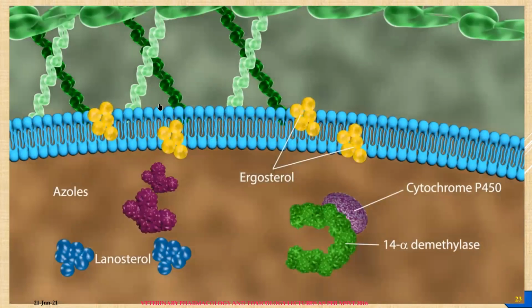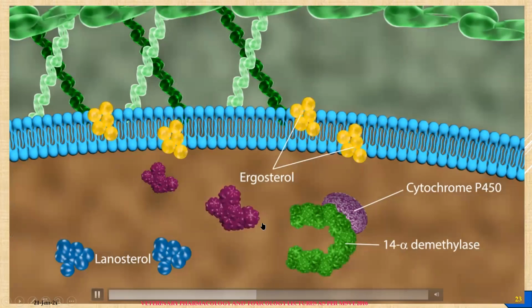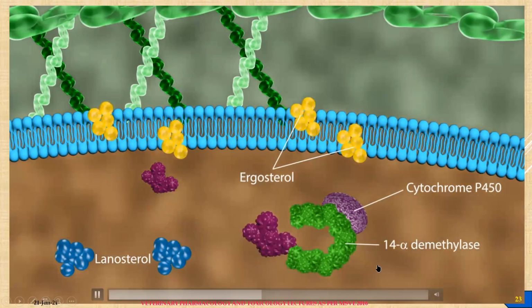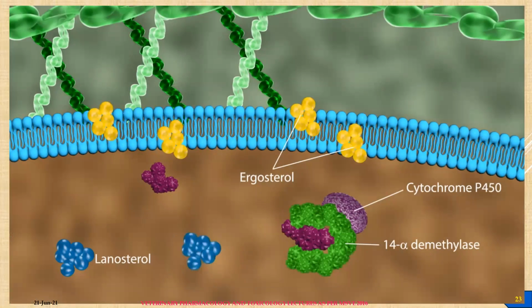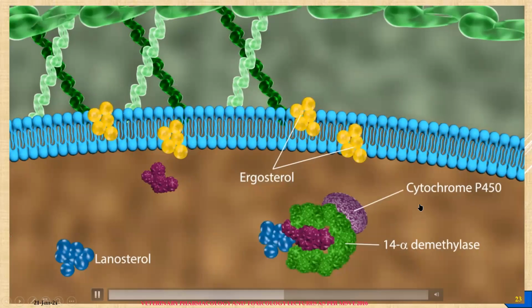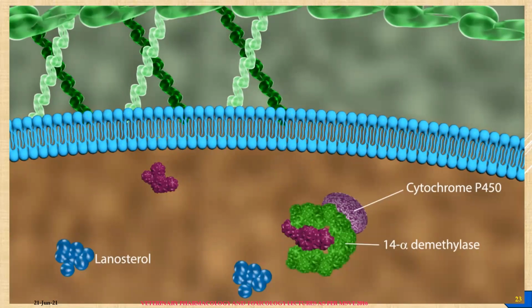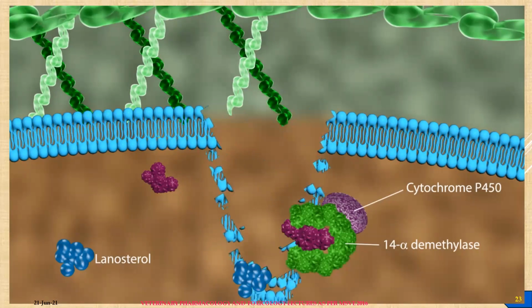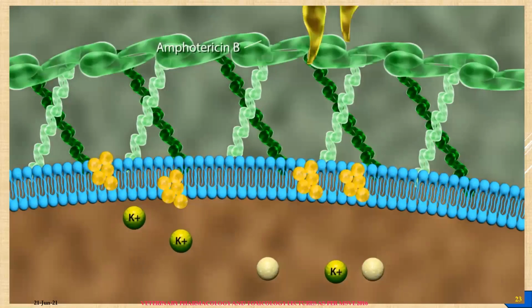The azole antifungals, especially miconazole and others, come in and bind to 14-alpha demethylase, which is an enzyme combined with cytochrome P450. So the varieties of antifungal drugs have different mechanisms, and because of this the cell membrane lysis happens.